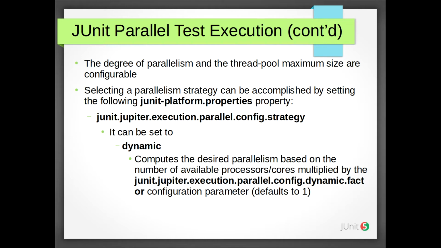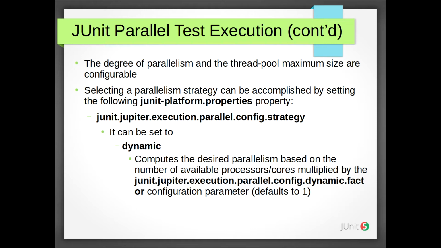When you set the value of this property to dynamic, it computes the desired parallelism based on the number of available processor cores multiplied by the parallelism factor, which must in this case be specified in the following property. And I'm going to give you 20 seconds to write out this property.